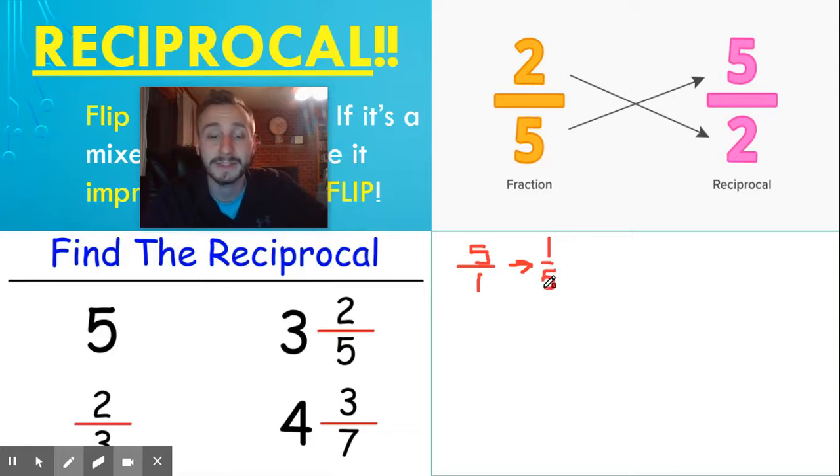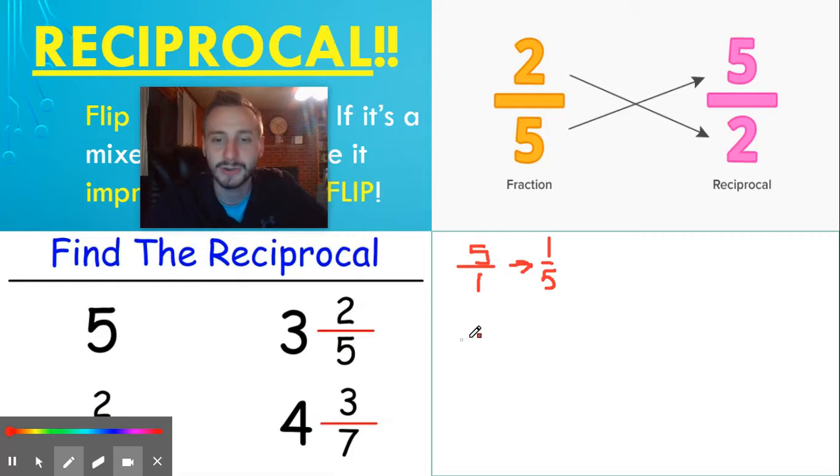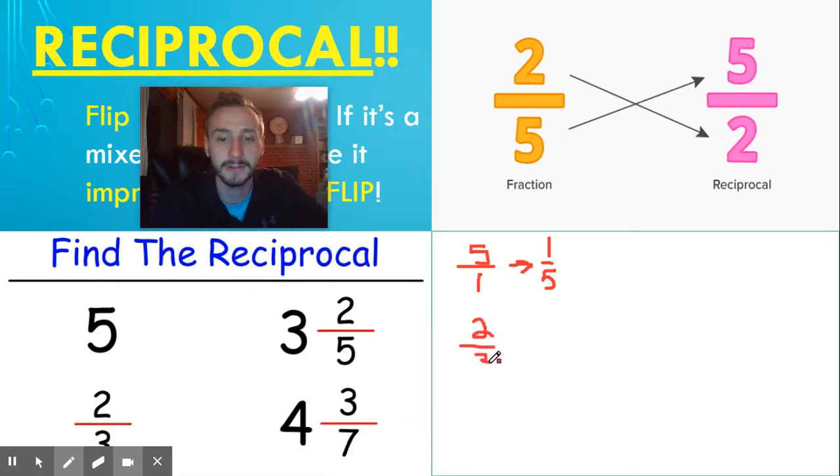So 1/5 is the reciprocal of 5. Let's try this one. It's 2/3. The reciprocal of 2/3 is 3/2. All we did is we flipped it.